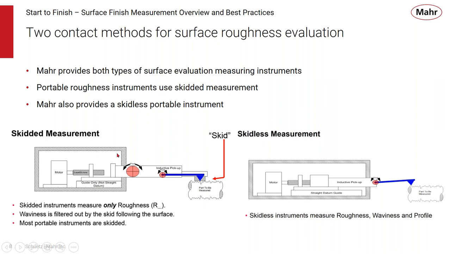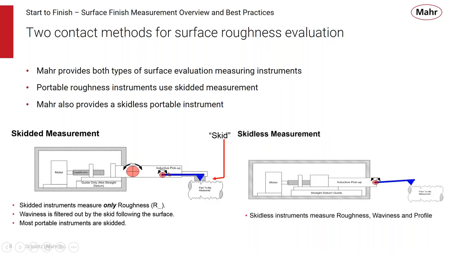With the skidded method, a probe is dragged over the surface. There's a skid, that's why it's called skidded, and in the middle of that skid usually is a probe with a very fine contact tip on it, or stylus, that records the surface profile or surface roughness.